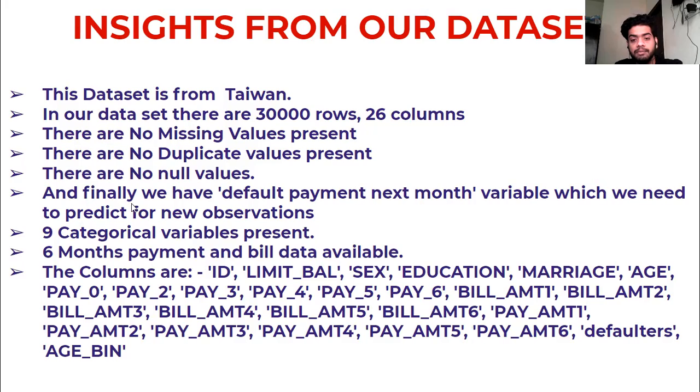And finally, we have a default payment next month variable, which we need to predict for new observations. This is our targeted variable. We have 9 categorical variables present in our dataset. This dataset contains only 6 months of payment and bill data. And these are the column names.